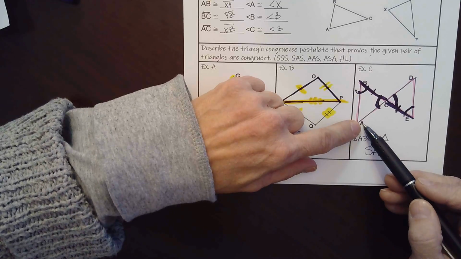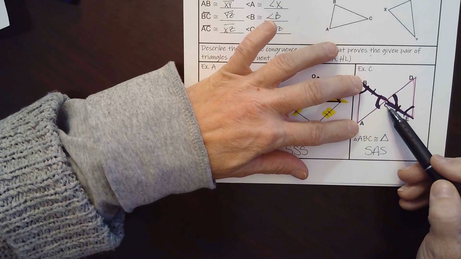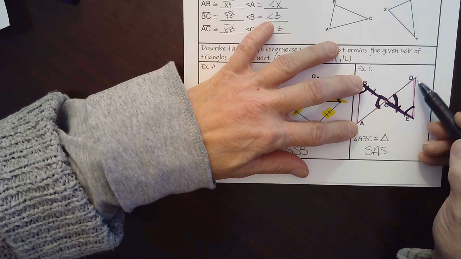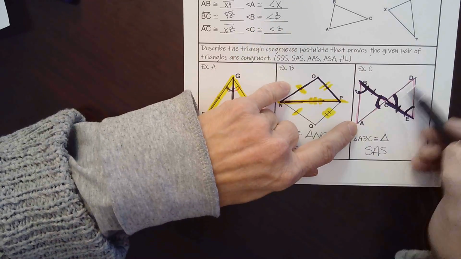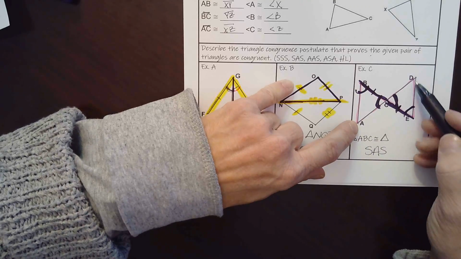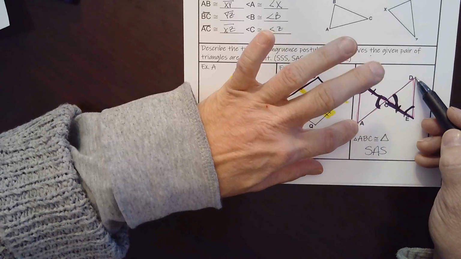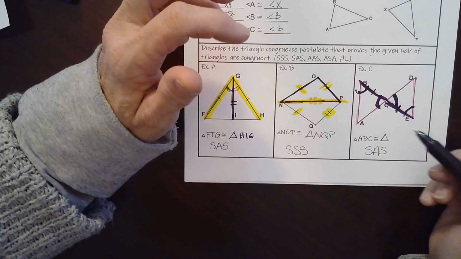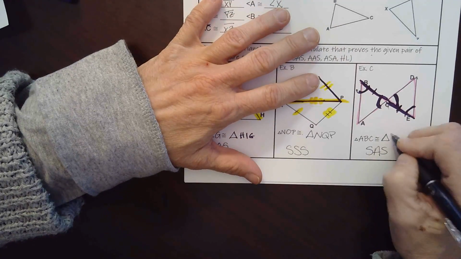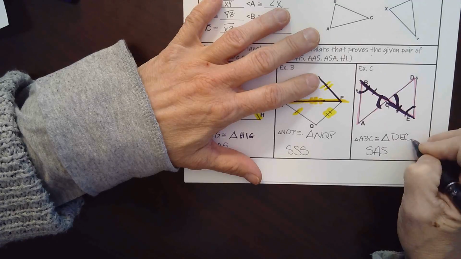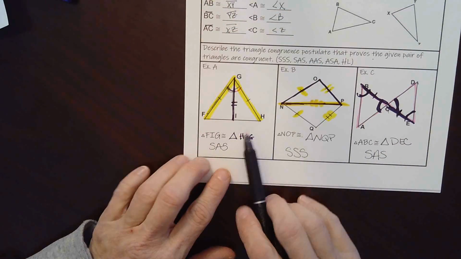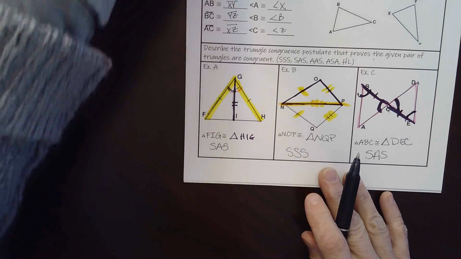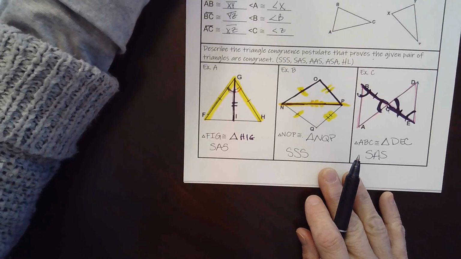Triangle ABC is congruent to, okay, I have to start this triangle with the D, and then E, and then I think that's C. So triangle DEC. So the way that you write the naming of your angles is extremely important.